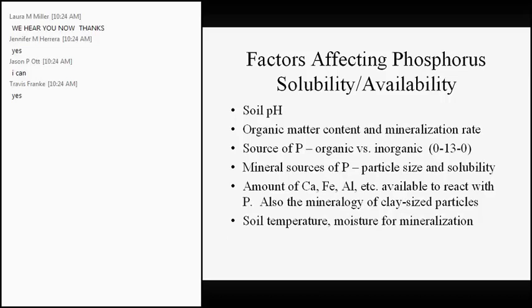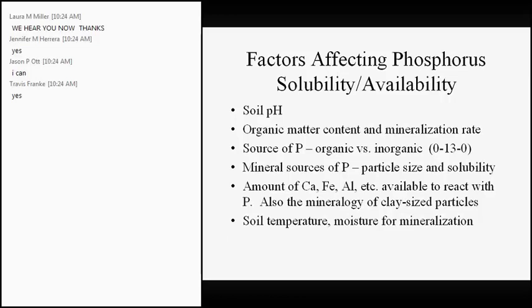Mineral sources of phosphorus, particle size makes a big difference as far as its solubility, so our availability. So particle size, we want a particle size that's fairly small, and the smaller you can get it, the better off you're going to be. And the solubility of whatever material that you're applying needs to be fairly soluble.